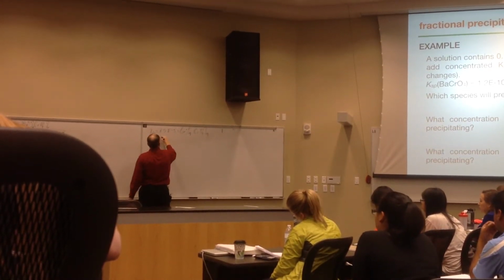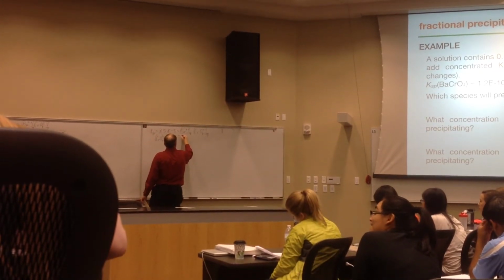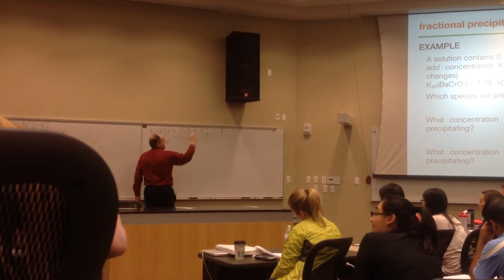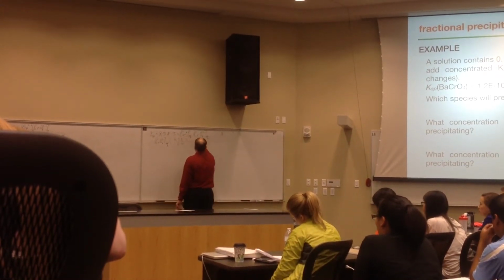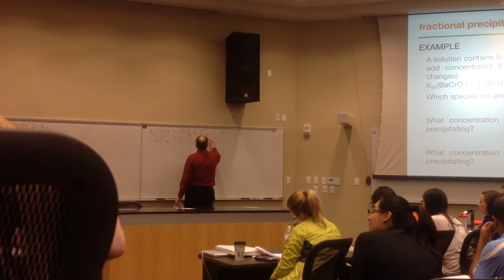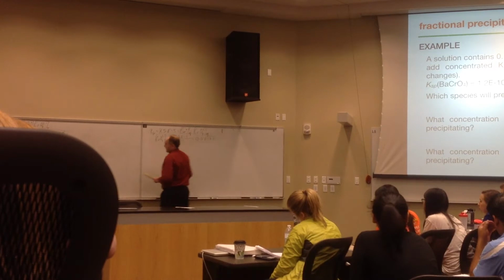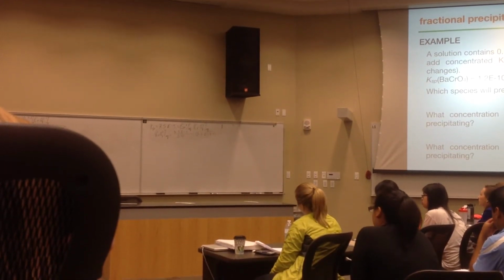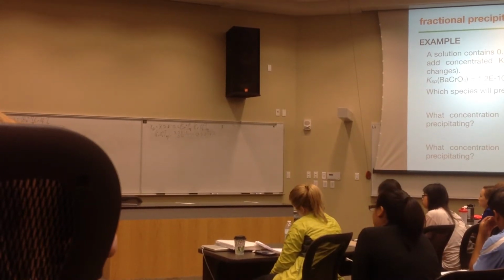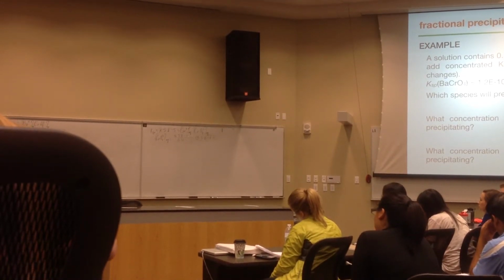So my concentration of chromate is equal to 3.5 times 10 to the minus 5 divided by my concentration of strontium, which is 0.10. So I have 3.5 times 10 to the minus 4 molar. Not a horrible problem. Fairly straightforward, as long as you understand the definition of equilibrium, and that a precipitate first starts forming when equilibrium is established. Okay?